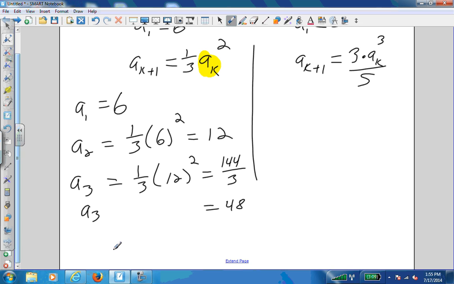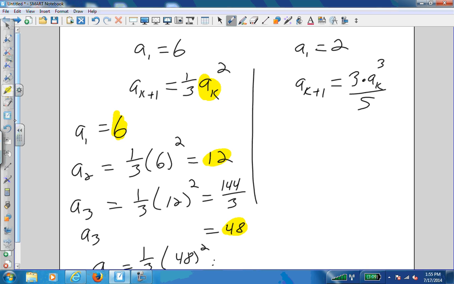Then A4 would be 1/3 of 48 squared, and so forth. So our sequence is 6, 12, 48, and then our next number. So that's just establishing a sequence, using a formula to describe a sequence of numbers.